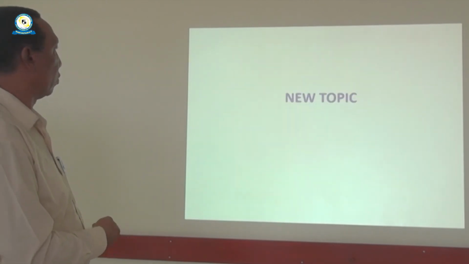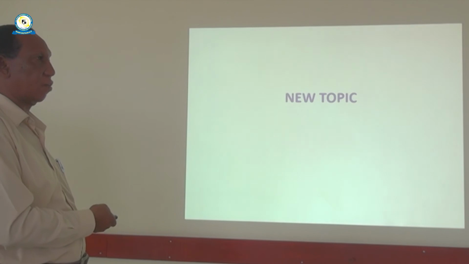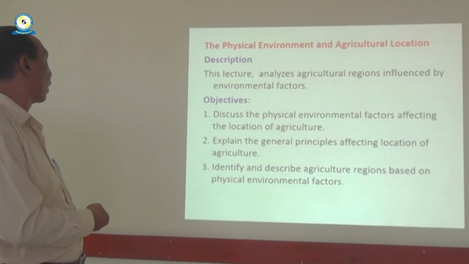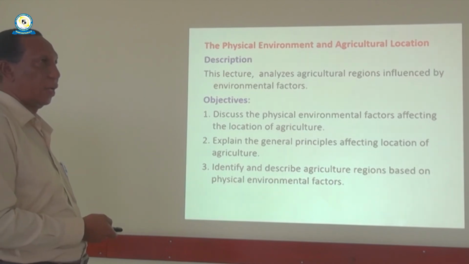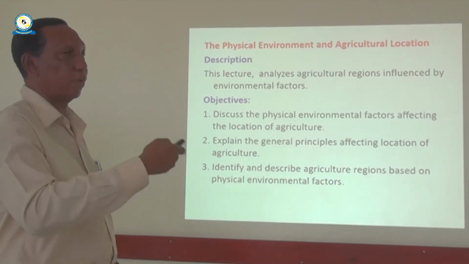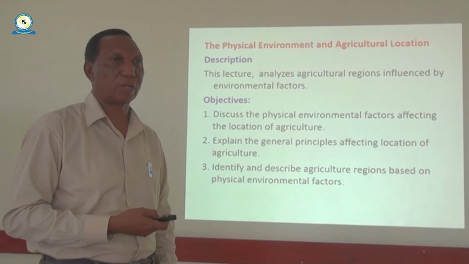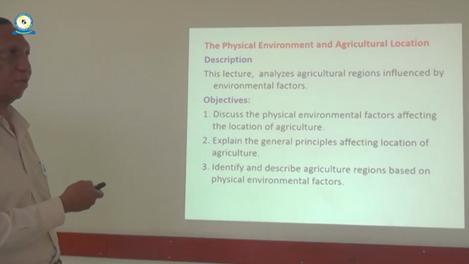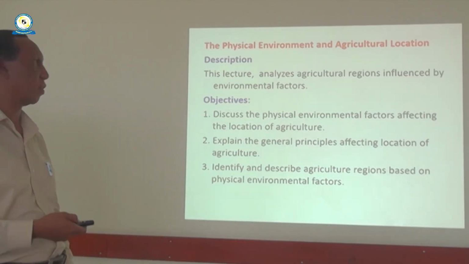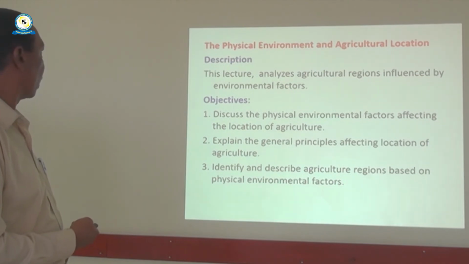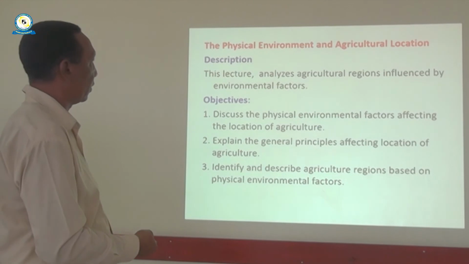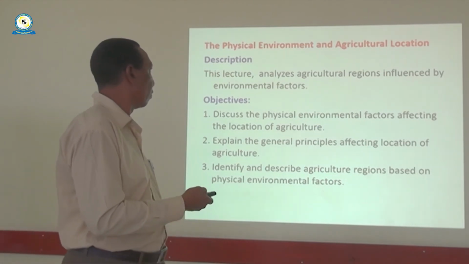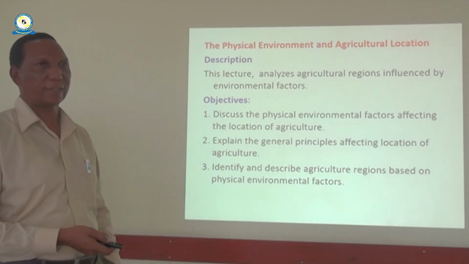Now, let's go on to another new topic, which I'll take you through briefly. That is the physical, environmental, and agricultural location. Actually, this one I have preempted when I said the environment has some influence on agriculture. The lecturer tried to analyze the agricultural regions influenced by environmental factors.